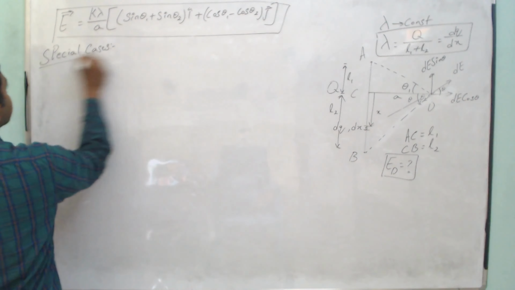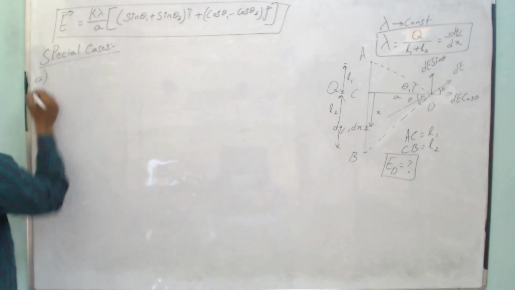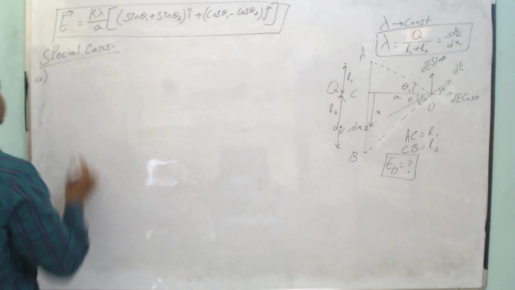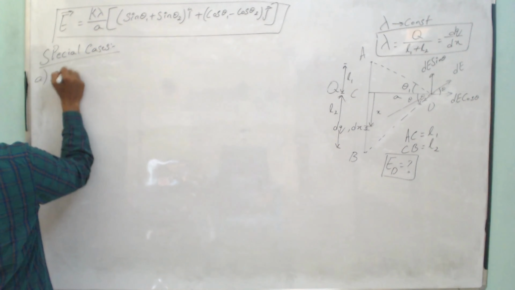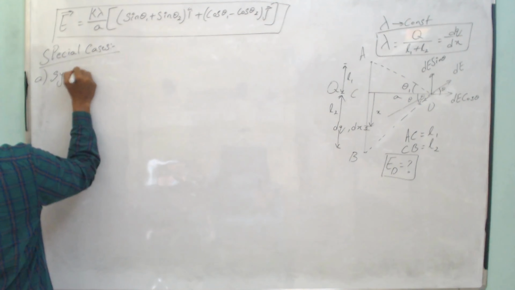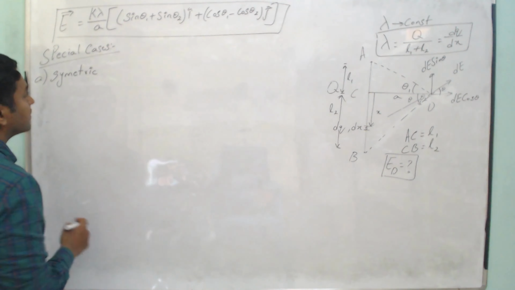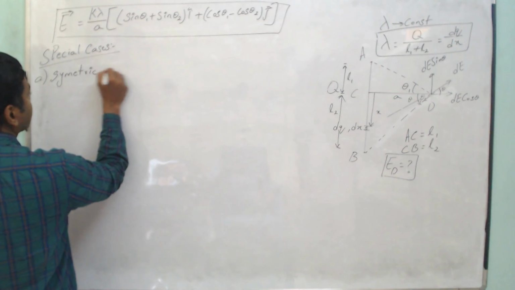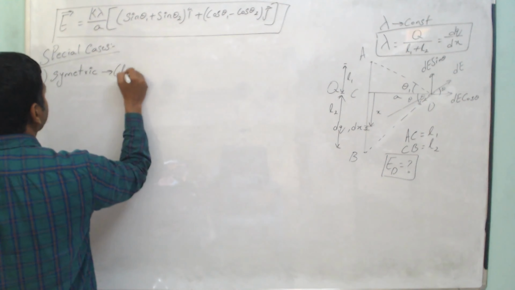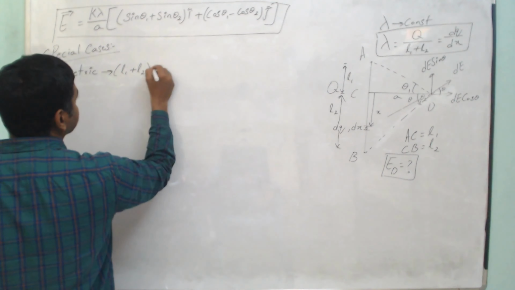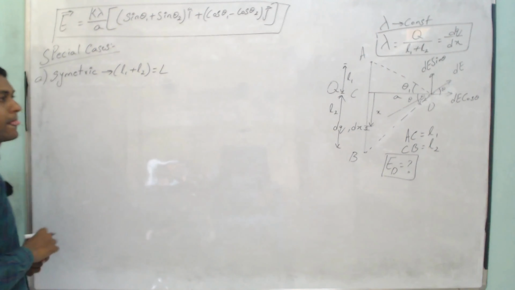So first, what special case do I want to take? Let me make it a symmetric one. So first I will make it a symmetric rod where the total length, that means my L1 plus L2 according to this case, I will take it as capital L. Right?